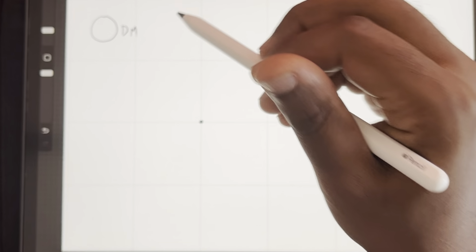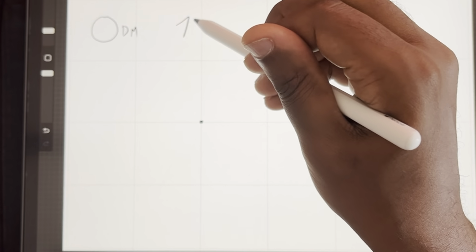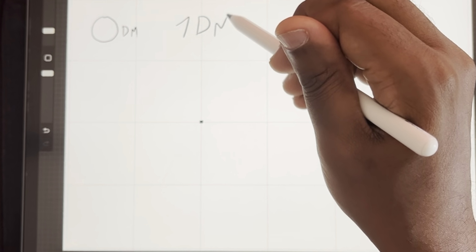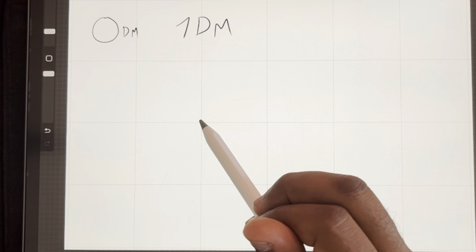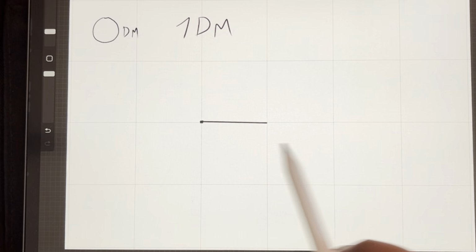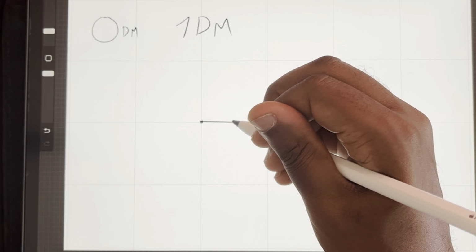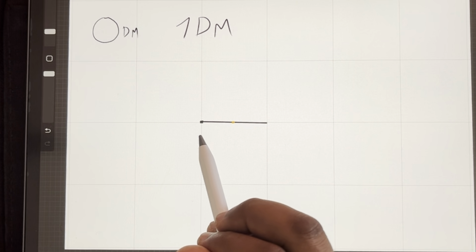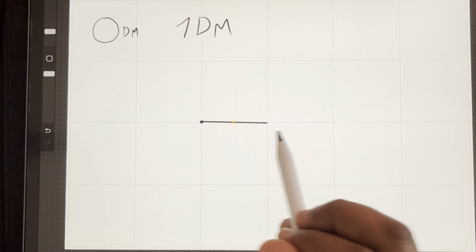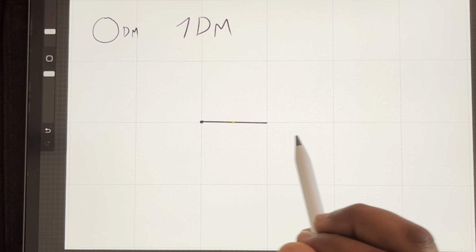So, coming to the one-dimensional space, a one-dimensional space is basically a line. Imagine a line where, when you are in a one-dimensional space, you can only move in two directions, back and forth, back and forth.